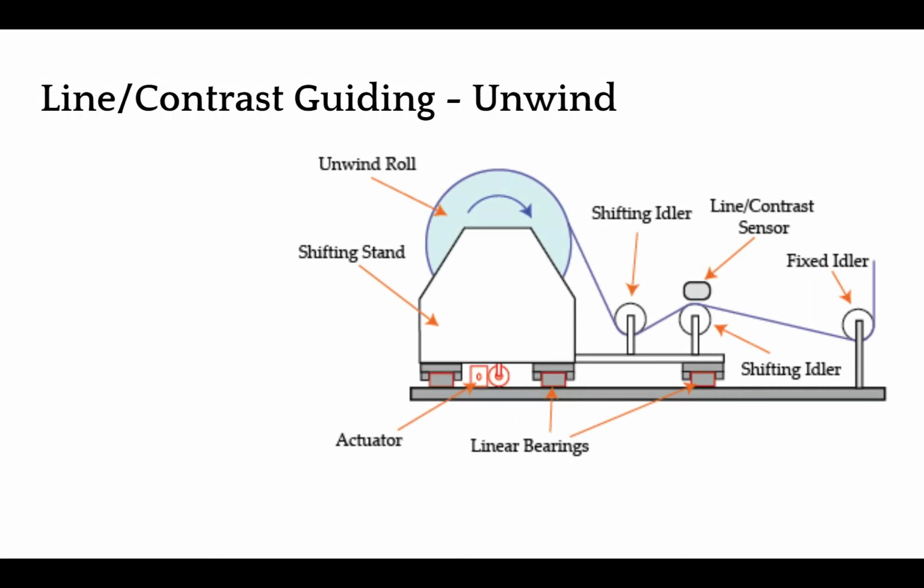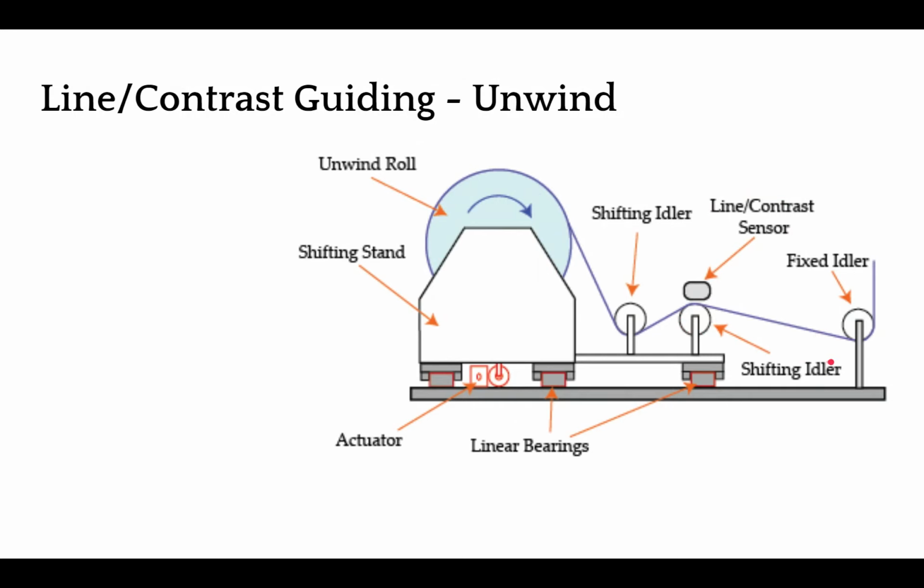Couple of quick concepts on other line guiding applications. Now, if you have an unwind roll, how do you install the line guide sensor or a contrast sensor? In the other case, this would have been a free span, just because we need to support the web to avoid the focus issues.